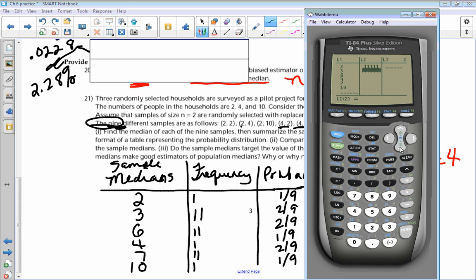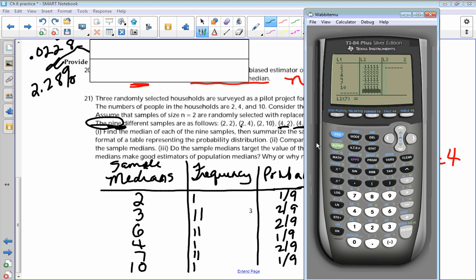And then my 3, there were 2 3s, so that's 2/9. 6, there were 2, so that's 2/9 again. 4, there was only 1, so 1/9. 7, there were 2 samples. We had a median of 7, so that's 2/9. And lastly, only 1 sample had a median of 10, so that's 1/9 as well.